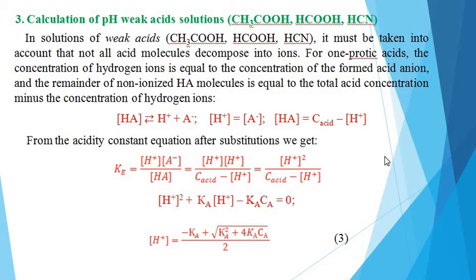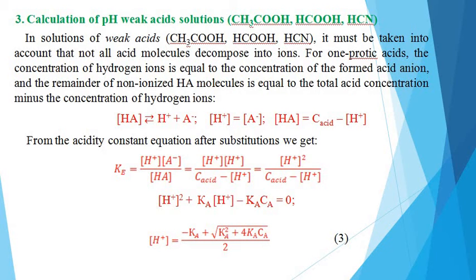From the acidity constant equation, after substitutions, we get a calculation of the equilibrium constant, and they are all equal to 0, and from this we find the concentration of hydrogen.